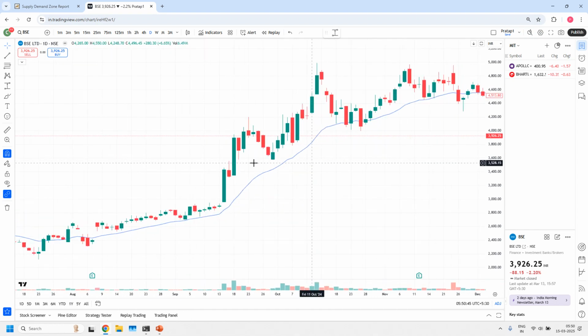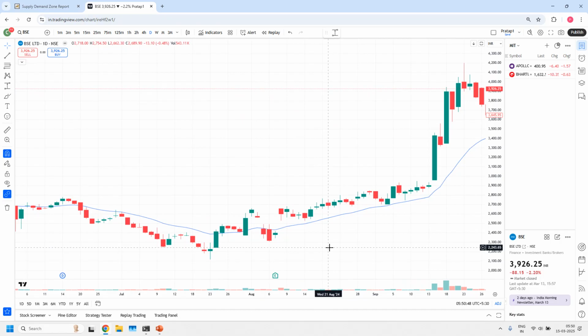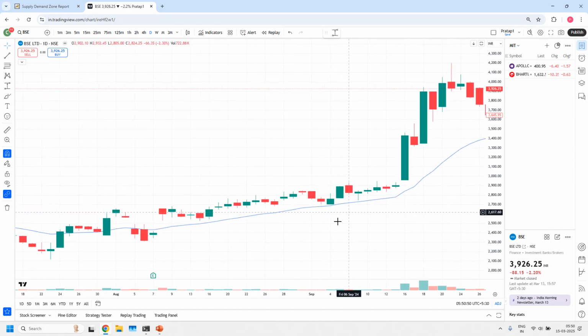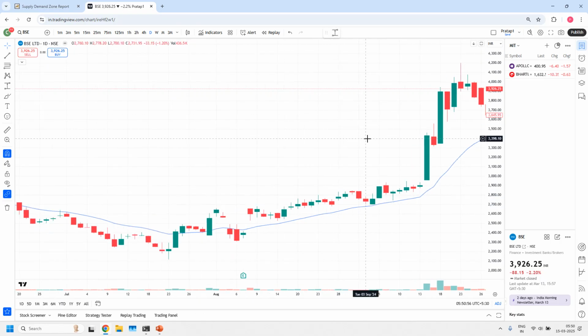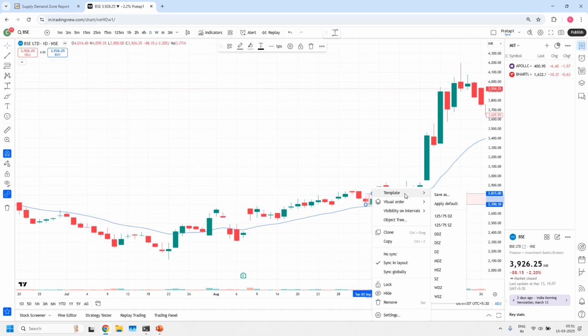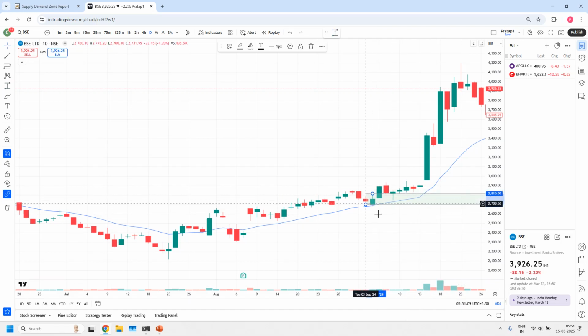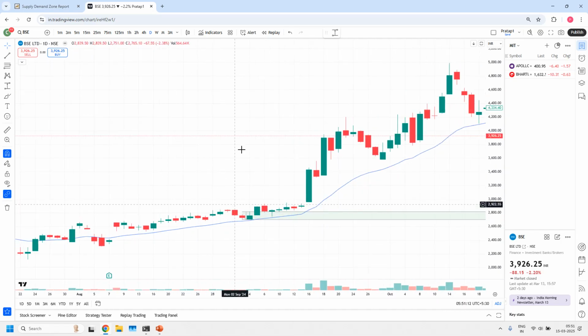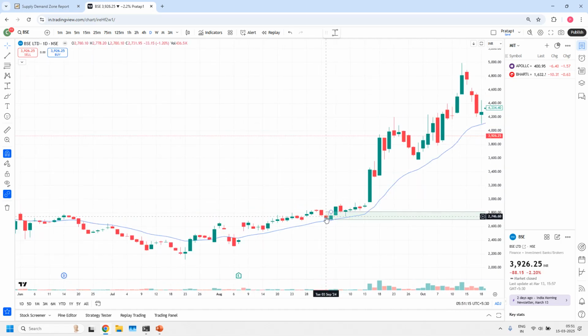So here we have the daily demand zone. Drop, 2 base candles. What is the low of this candle? 2710 paisa. This one.